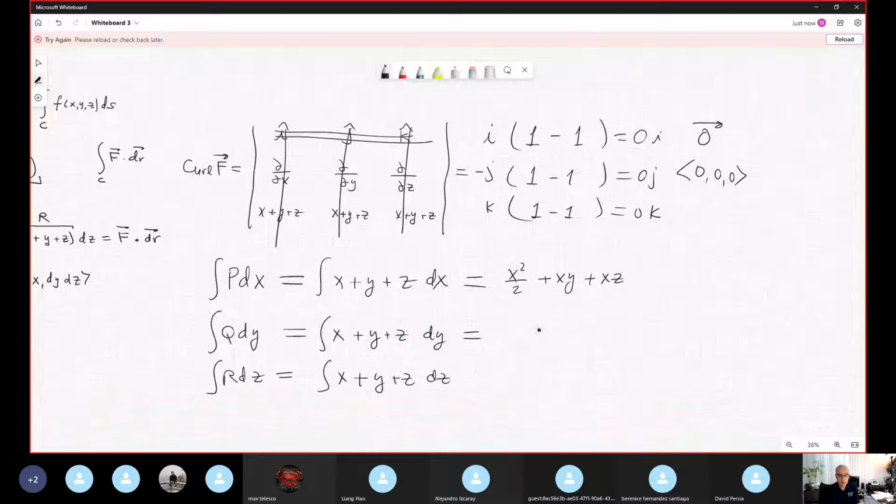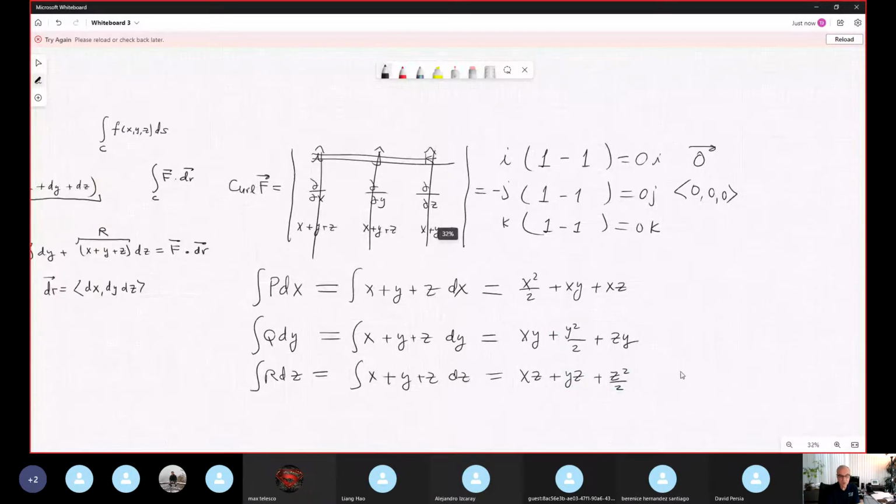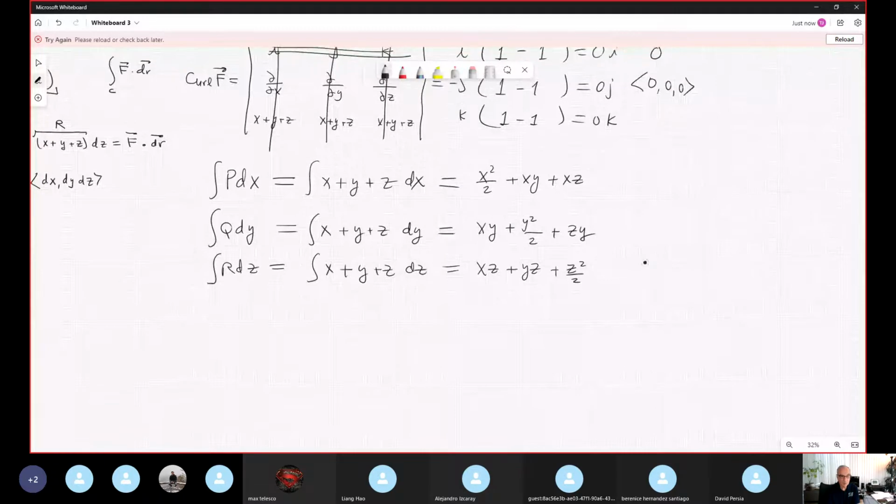When you integrate with respect to y, we have xy, y squared over 2, and yz. And when you integrate with respect to z, we have xz plus yz plus z squared over 2.